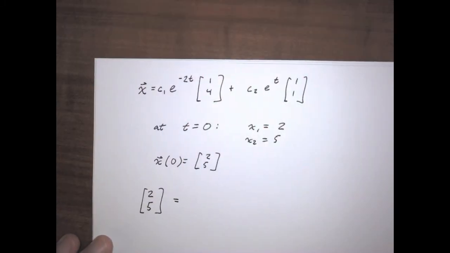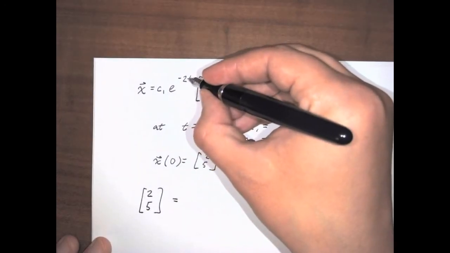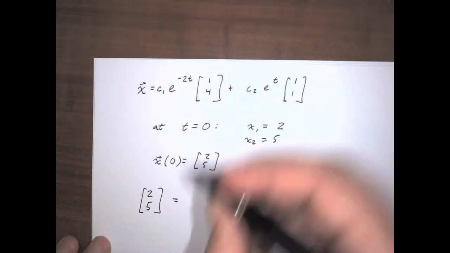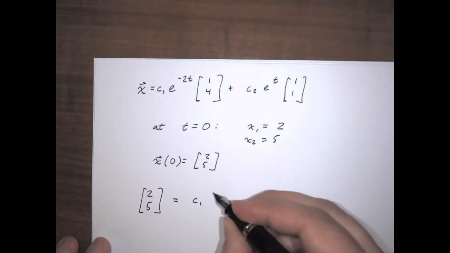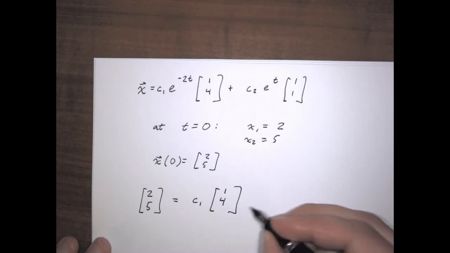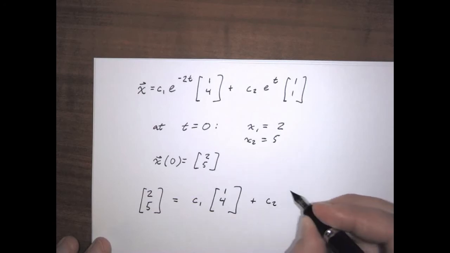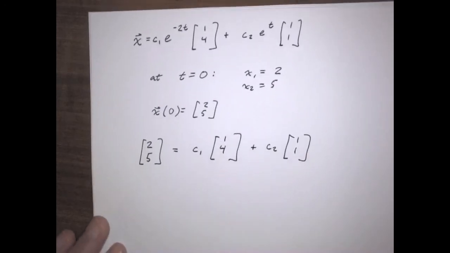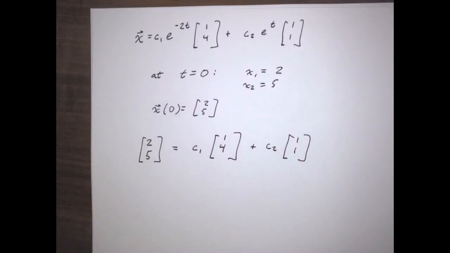Now, a nice thing about these forms of solutions is t equals 0 means that's going to be an exponent of 0, which means that's just going to be 1, which means we're just going to be talking about C1 (1, 4) plus C2 (1, 1). And you may recognize this whole format from just classic linear algebra.